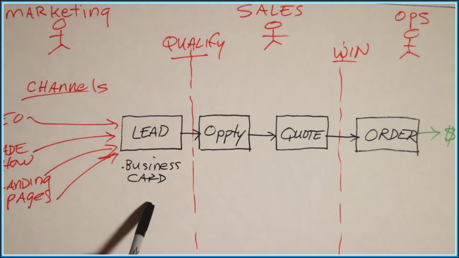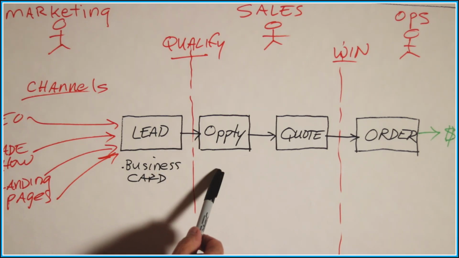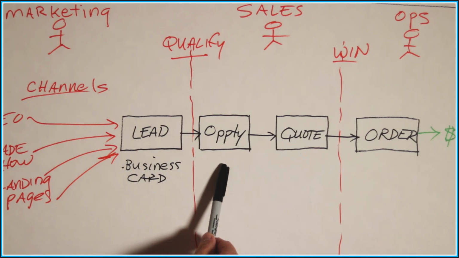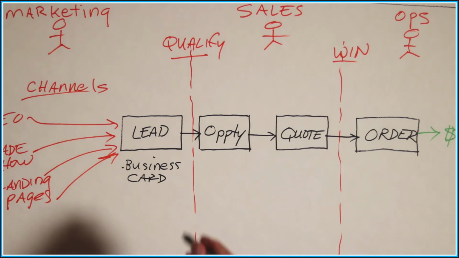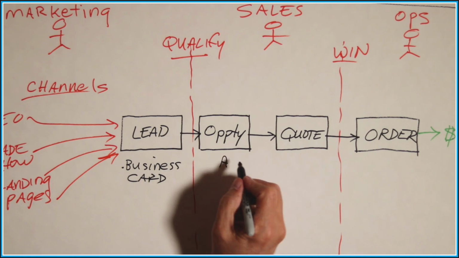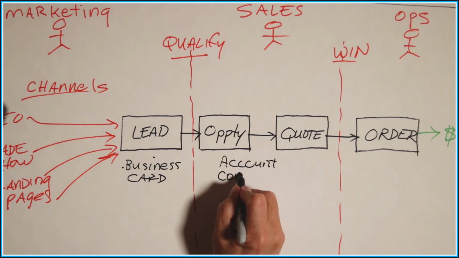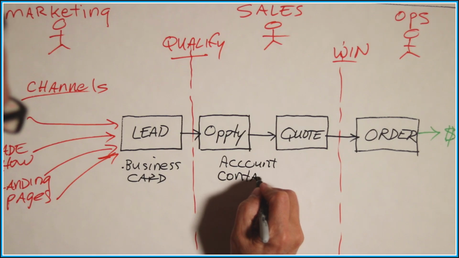It's just flat information. It has the basic details, but it doesn't really contain any rich context. The opportunity, however, is now qualified. Somebody's validated that, hey, this is a real person really wanting to do business with you. And the opportunity is going to contain an account, a contact, most likely a primary contact.